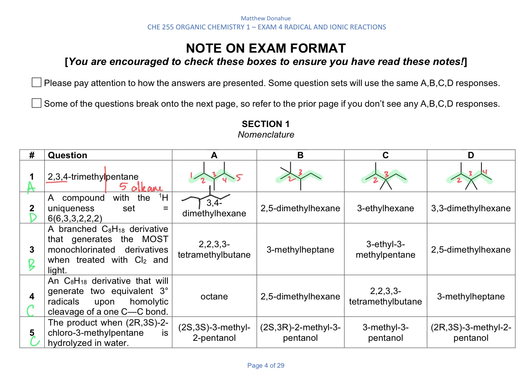So we'll change the pen color. As we're going along, those are equivalent, so that's 1 set. These are equivalent, that's 2. These are equivalent, that's 3. And then these methyl groups are equivalent, so that has 4, and we can eliminate that. Now 2,5.